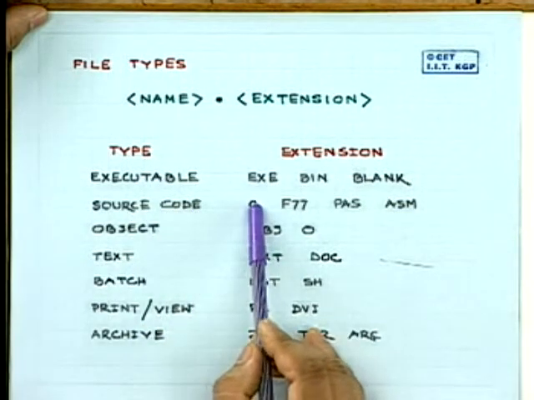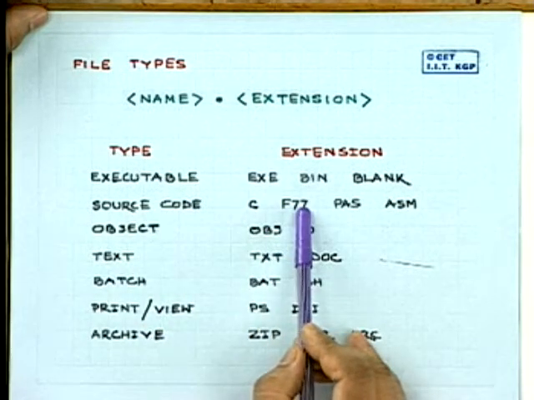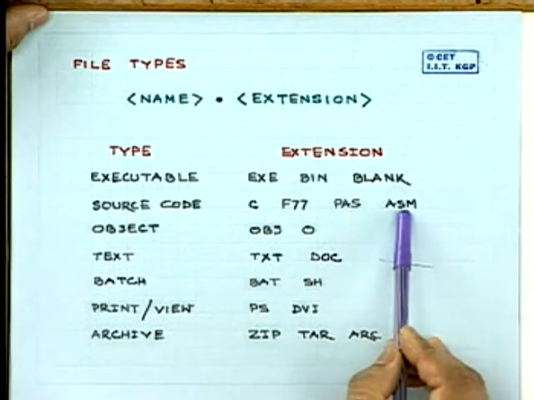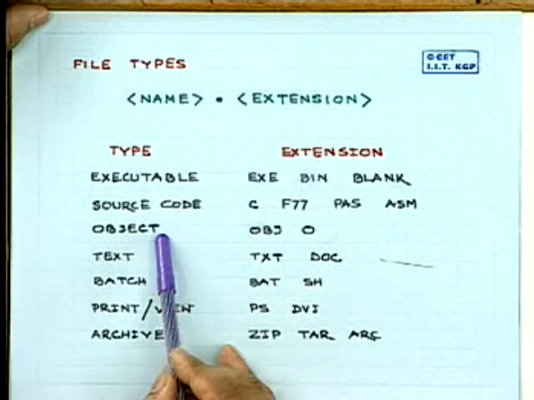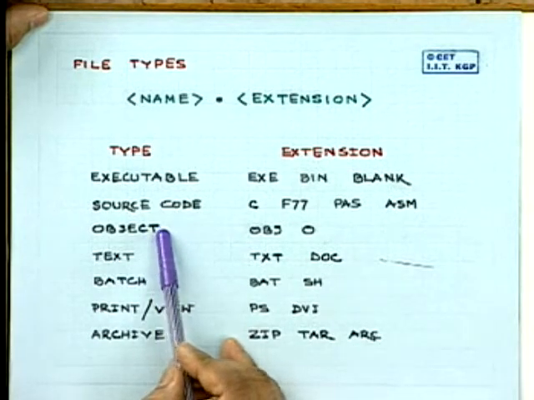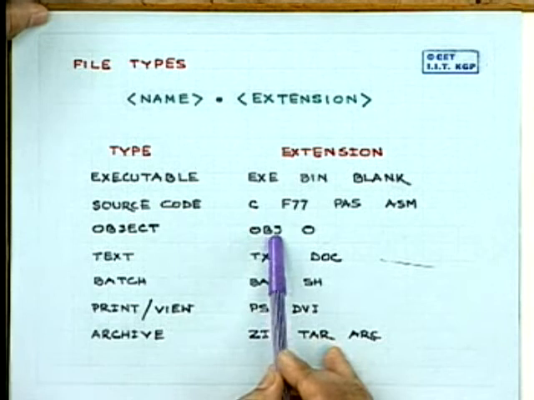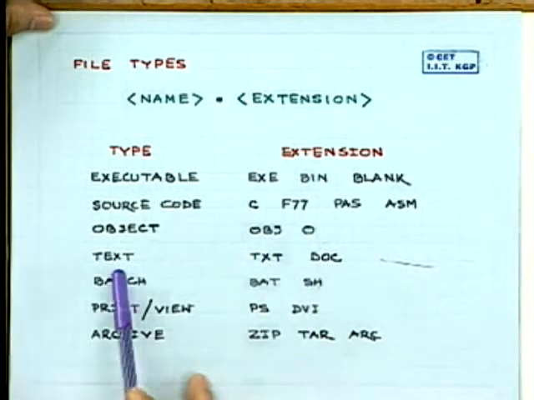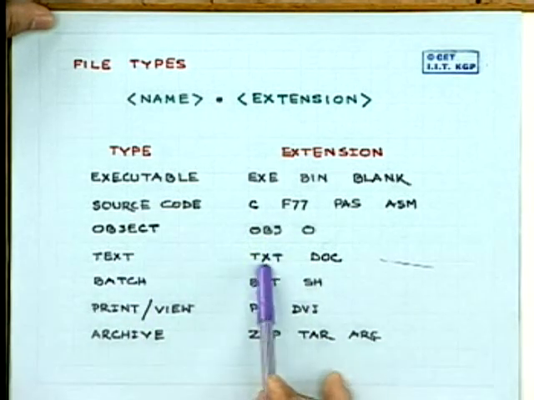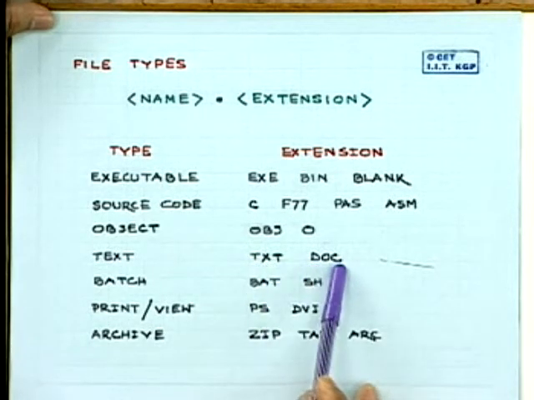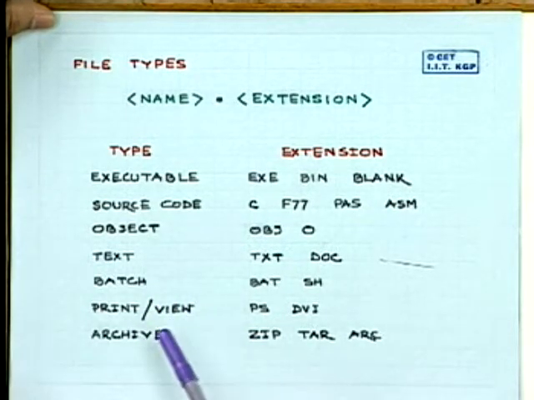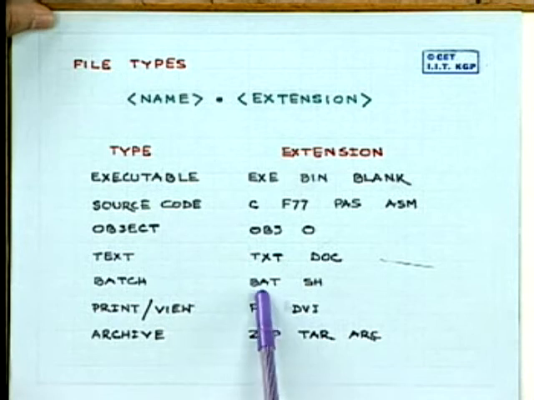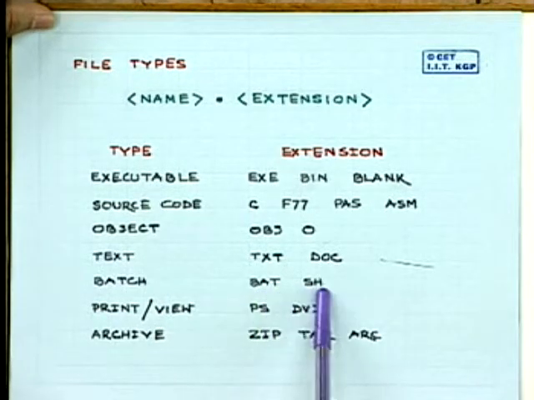It can be a source code, for example, in a C program, a Pascal program, or an assembly language program. It can be an object file, generated after translation, and the extension used may be obj or o. It may be a text file, with extension text or doc. It may be a batch file. By batch file, we mean a file of operating system commands, generally represented by bat or sh, shell.